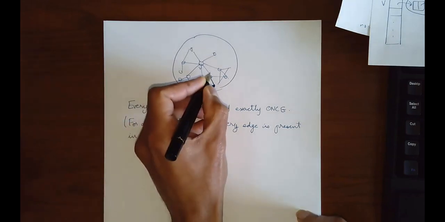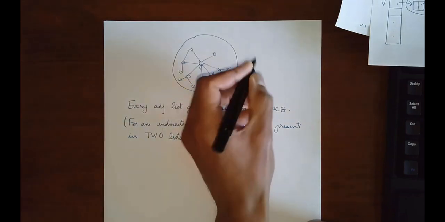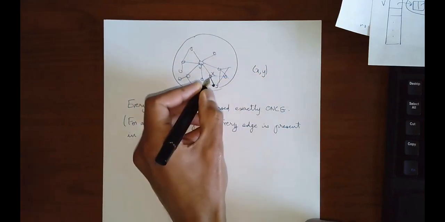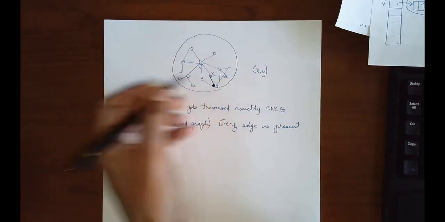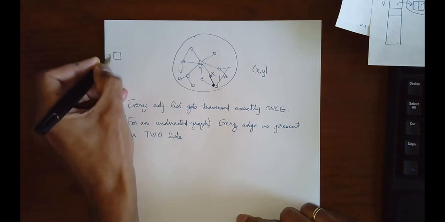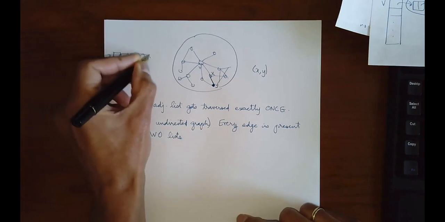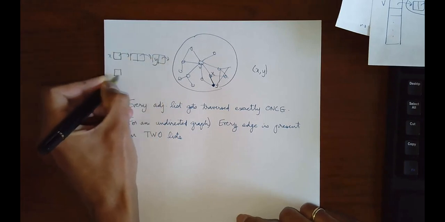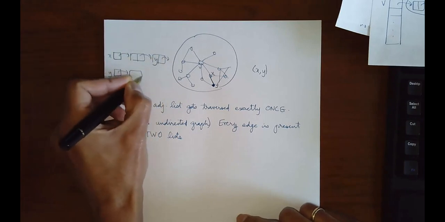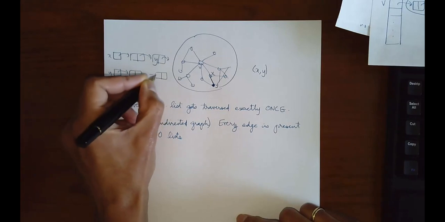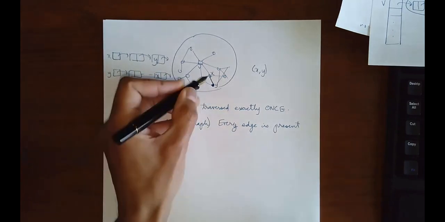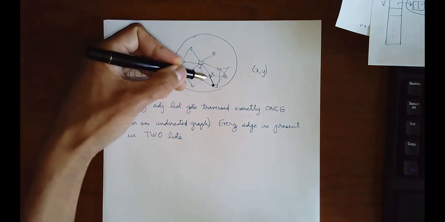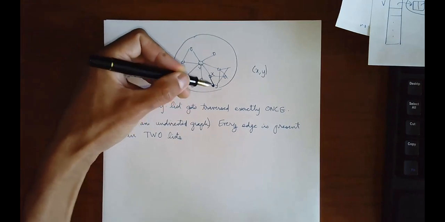If you look at this edge xy, the edge is present in x's list and y's list, because in the list corresponding to x, somewhere down the line you're going to have y, and in the list corresponding to y, somewhere you're going to have x. But that's it. So this edge is going to be seen 2 times, once when x is dequeued, once when y is dequeued.